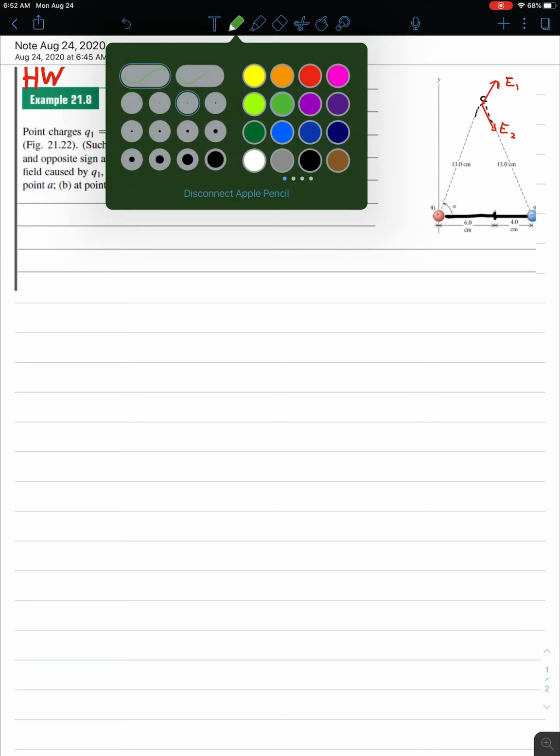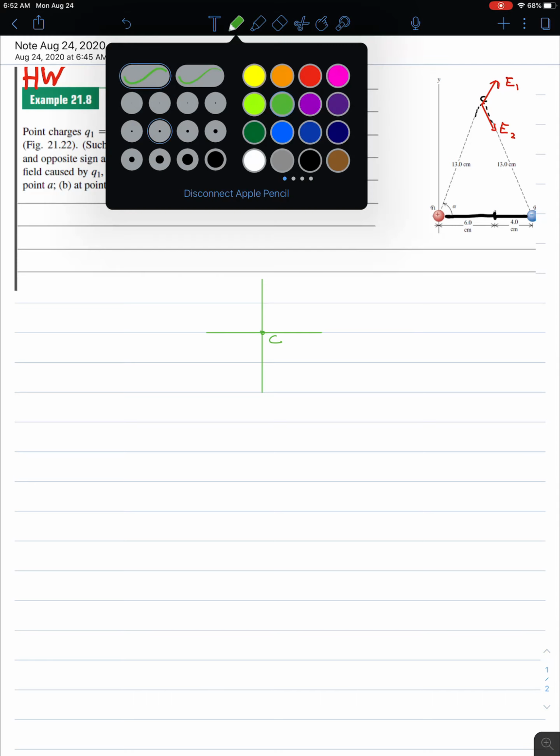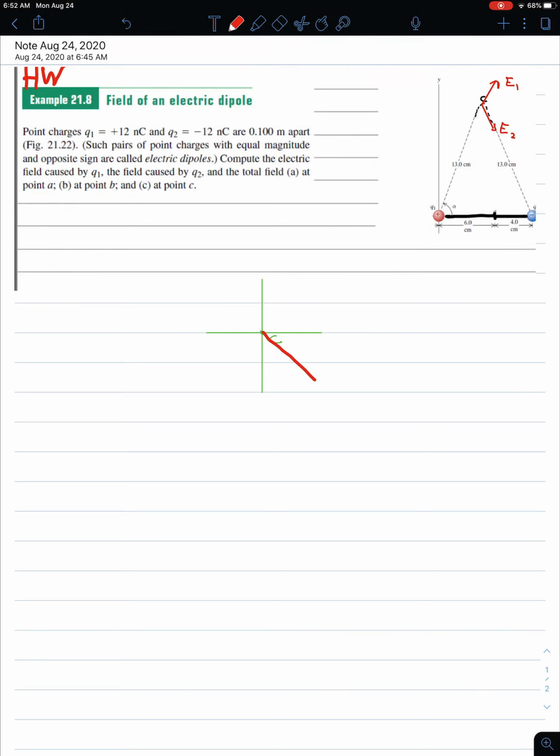Obviously, if you think about it right now, E1 has a component. The best thing you can do is draw the free body diagram at the point C. So as you can see, let's assume this is E2 and this is E1.